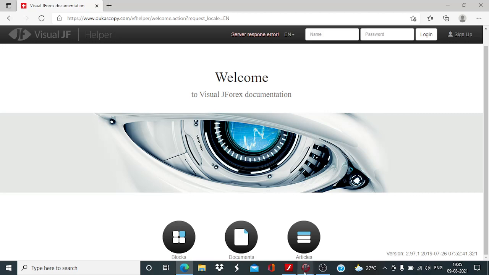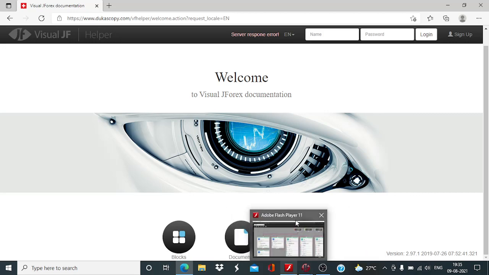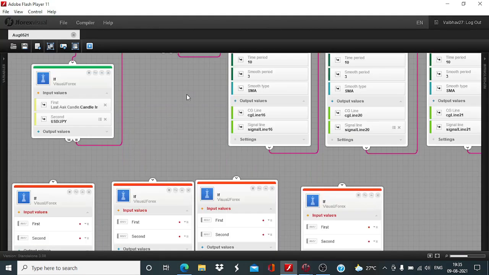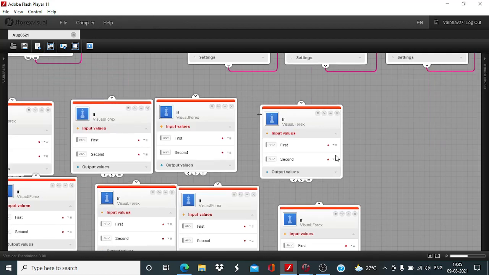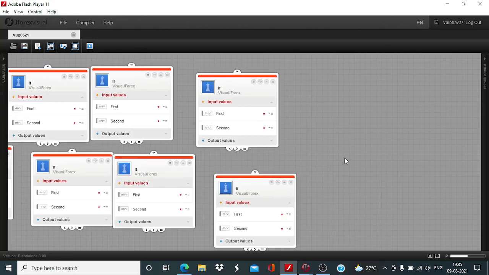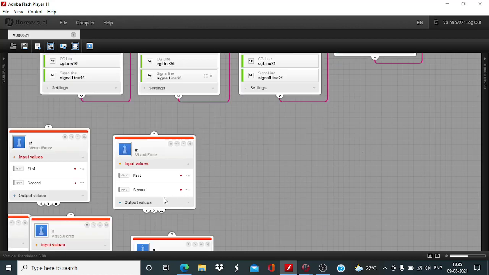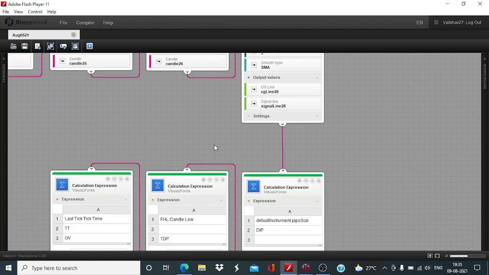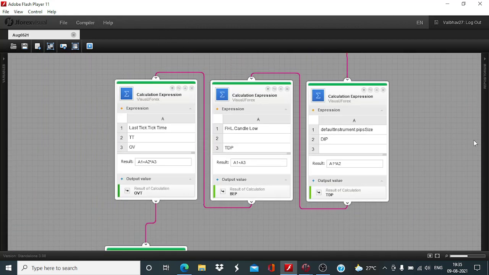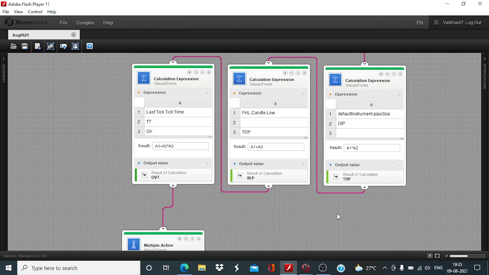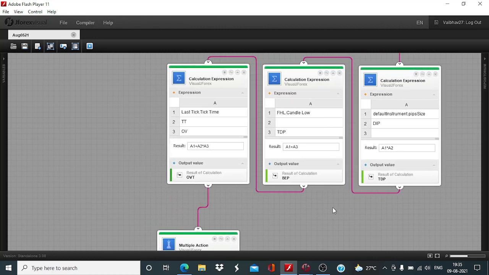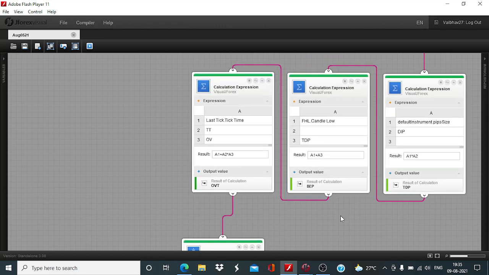So now let us go back to the Visual JForex board. Okay, I think the first thing we will have to do is define the entry point for the placement of the order for the sale.